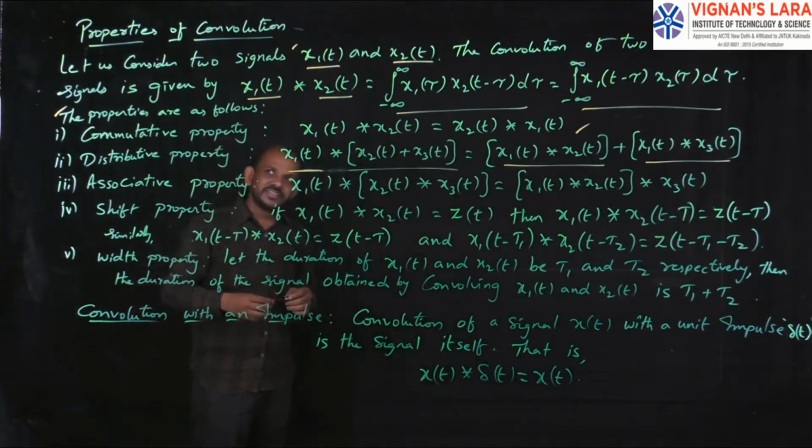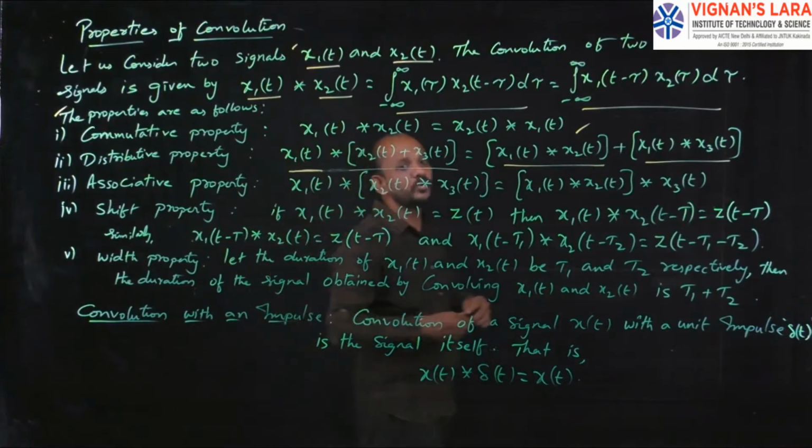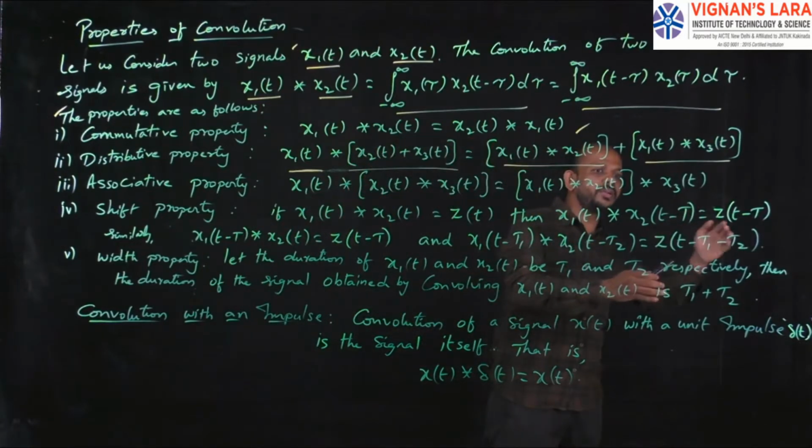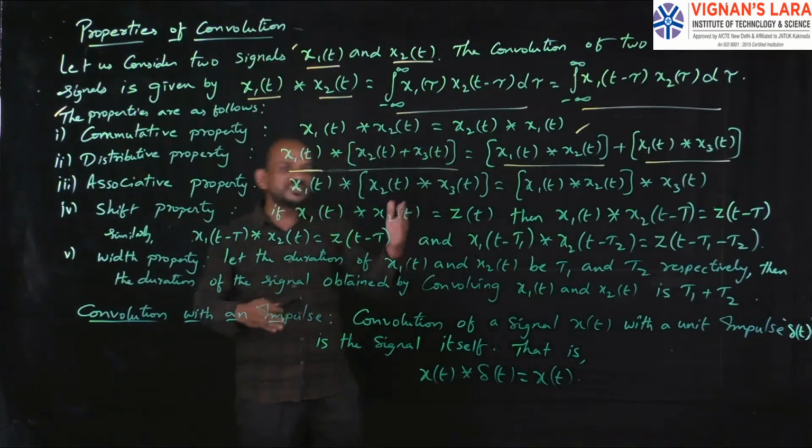And the third one is that convolution satisfies the associative property. We all know the associative property, that is a into b into c equals a into b into c, and a plus b plus c equals a plus b plus c.